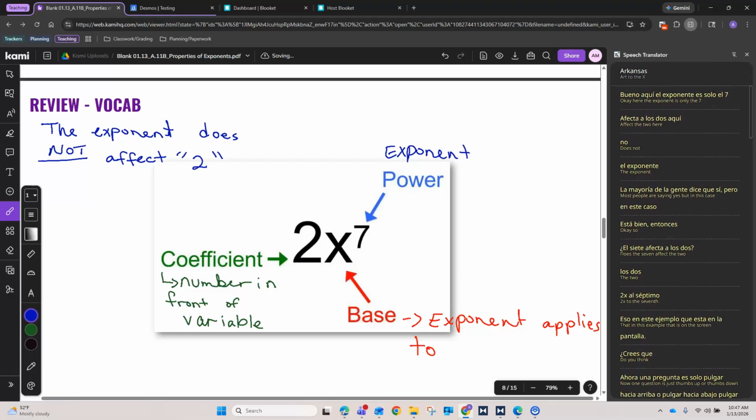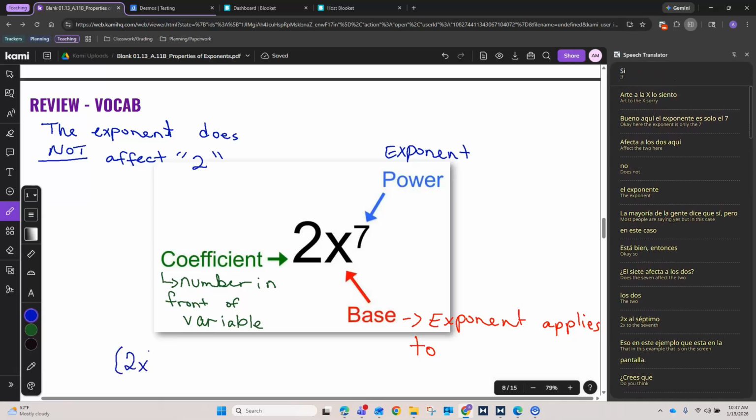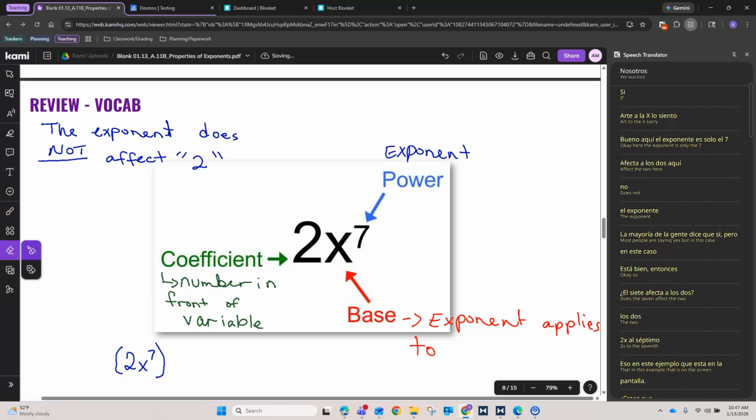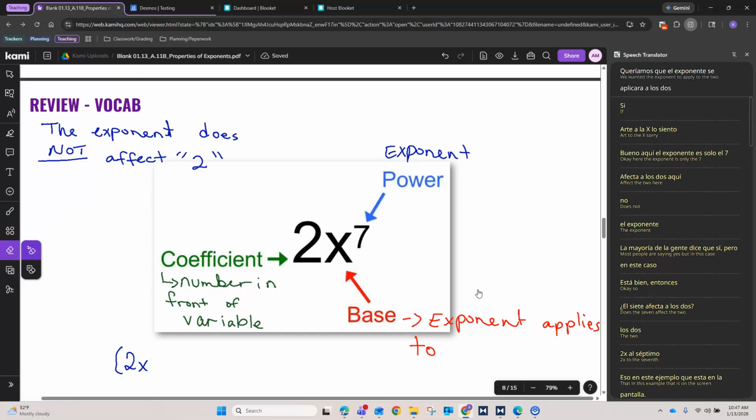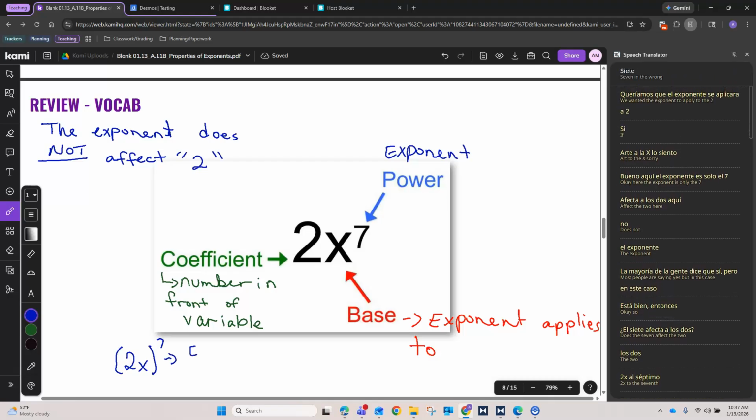If we wanted the exponent to apply to the 2, oops, I put my 7 in the wrong spot. In this one, the exponent applies to the 2.